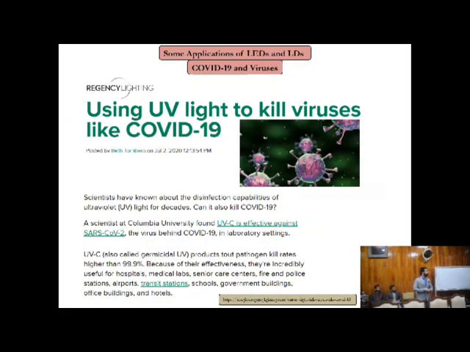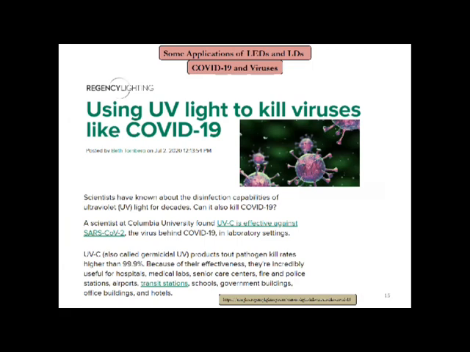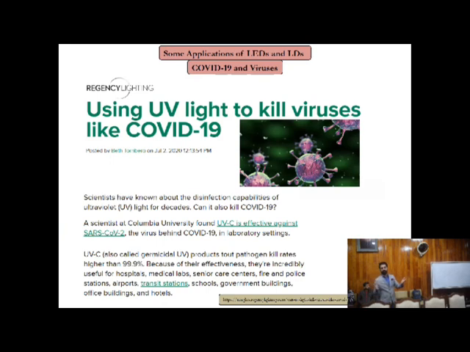Further, this thing actually, the use of UV light to kill coronaviruses. There are different kinds of coronaviruses. One is COVID-19 actually. So this triggered us to explore the UV spectrum of the light.